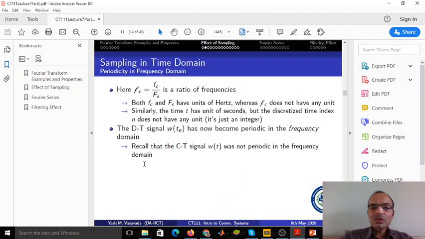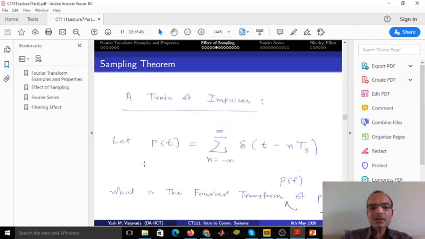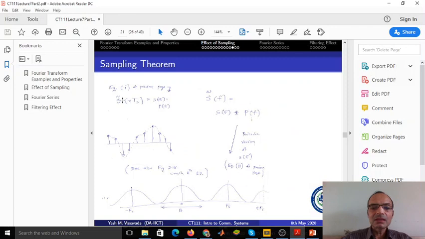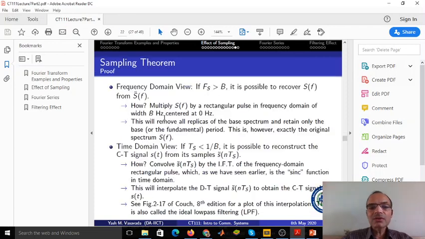And so if we take this sequence of samples in time domain and we convolve it with that sinc function in time domain, we will get the original CT signal S of t back.